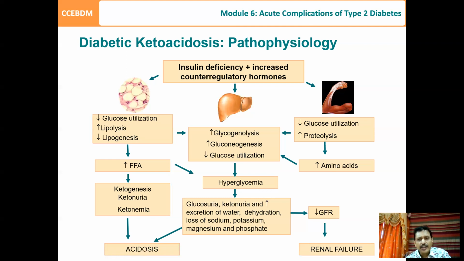So the kidney acts as a safety valve as far as diabetic ketoacidosis or hyperosmolar state is concerned. If the kidney function is normal, it prevents the patient from developing a severe degree of hyperglycemia, because the glucose in the blood will come out into the urine. It will produce dehydration, but it protects against the hyperglycemic state.